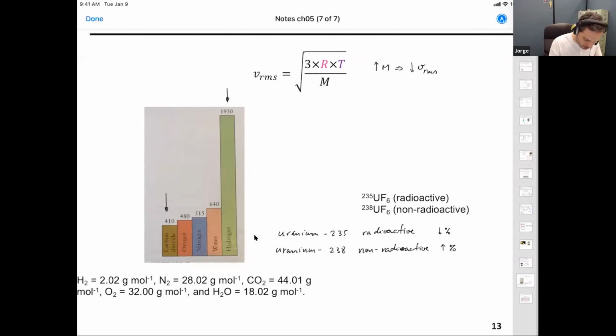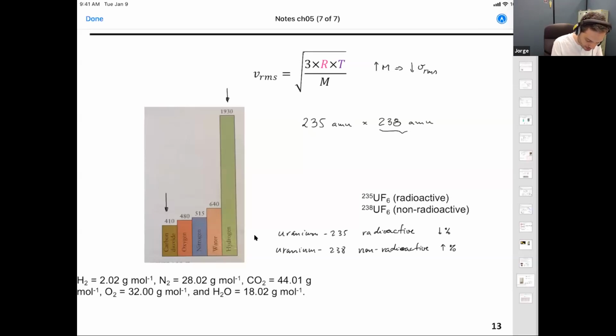So if you look here, uranium-235 has a mass of 235 atomic mass units, and 238 has a mass of 238 atomic mass units.